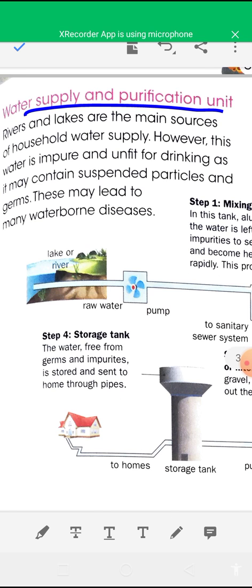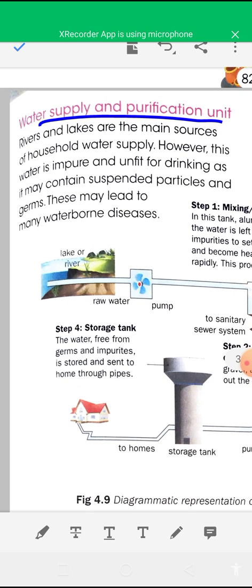Generally, water contains many impurities, many germs. Impure water is not good for our health. Rivers and lakes are main sources of household water supply. However, this water is impure and unfit for drinking, because river water and lake water contain many dissolved impurities and many germs.